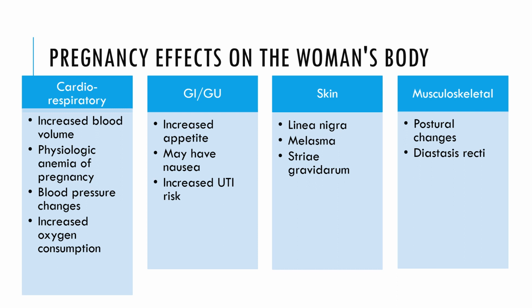Then some of the musculoskeletal changes that a woman may experience. She may have this waddling gait of pregnancy. So as the uterus increases in size, the female may kind of need to lean back to maintain her balance.